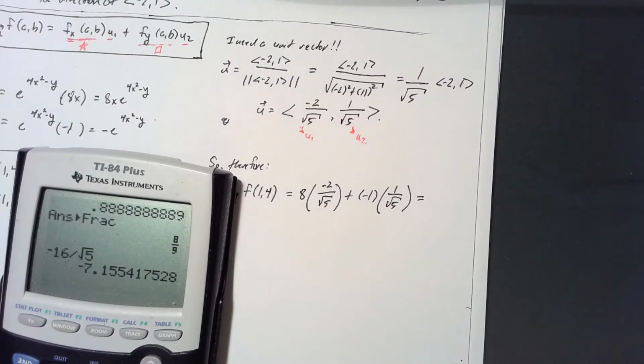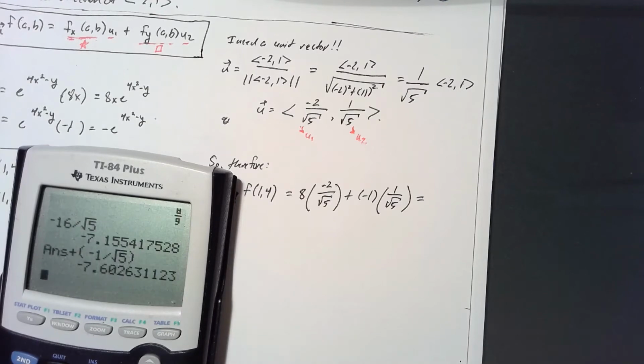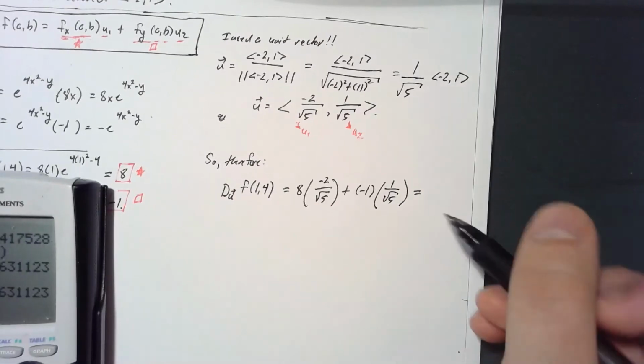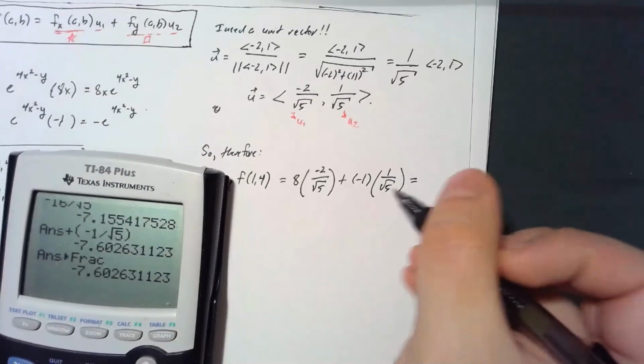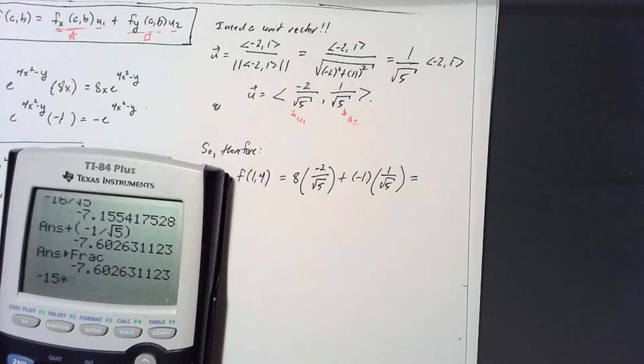Negative 16 over root 5, plus negative 1 divided by root 5. So you could do it in your calculator, but when you do this, you should get negative 15 divided by root 5.